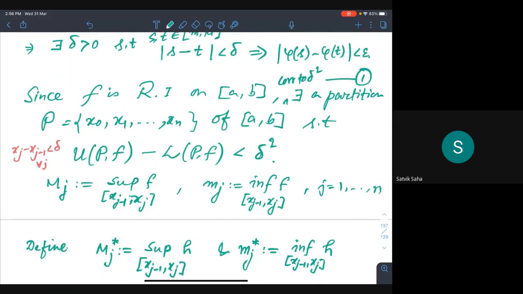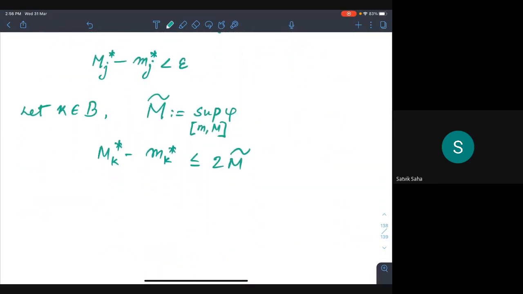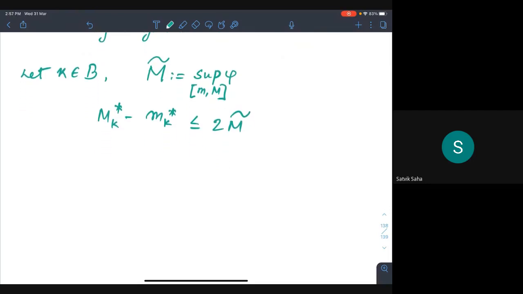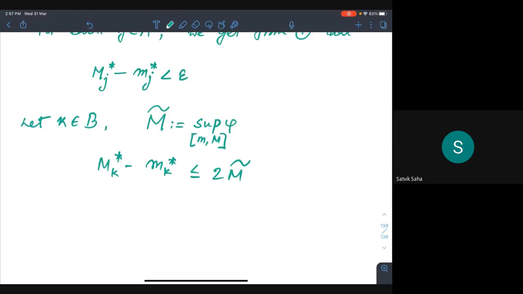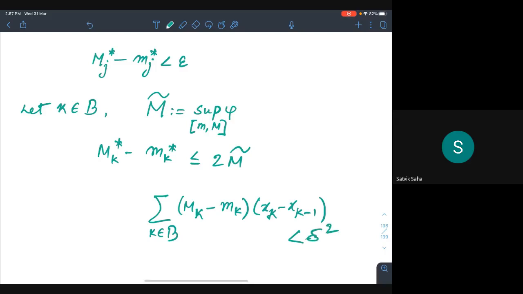We now use this fact. So we have this for k belongs to B. So let's look at the summation over k belongs to B of (Mk minus small mk)(xk minus xk-1), which is less than or equal to the upper sum minus lower sum, which is less than delta squared.